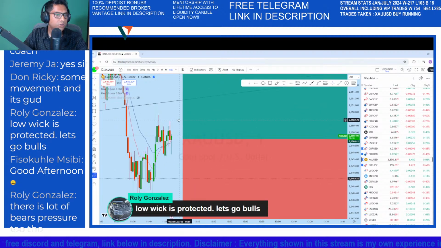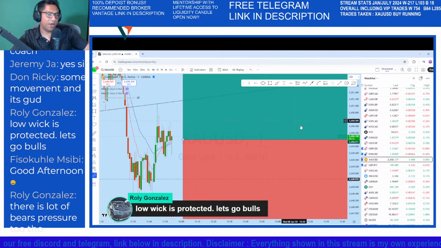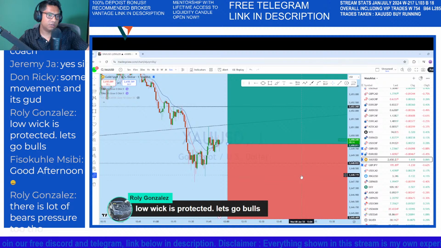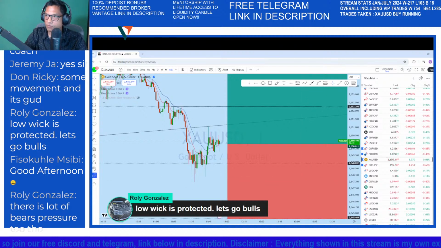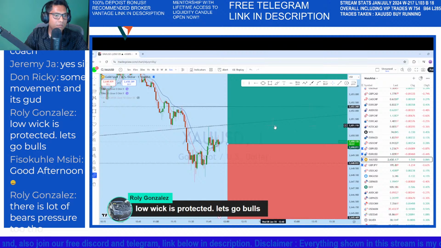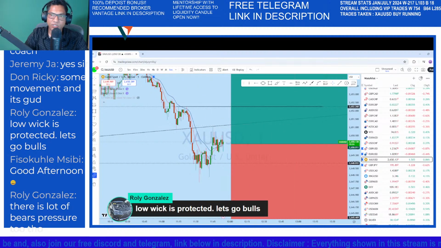Right, so far the bias is still bullish in the side that we have opened the position, but I want to see a strong trend.